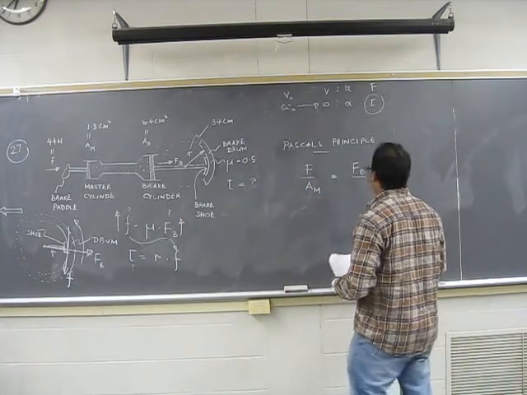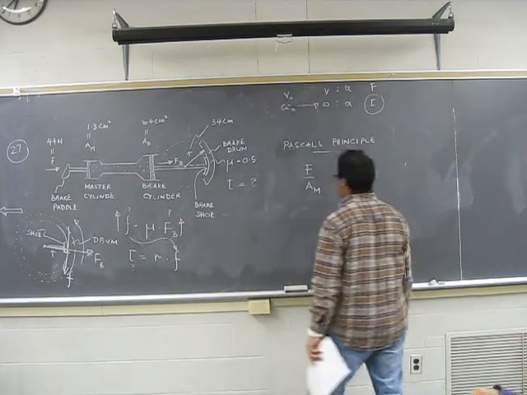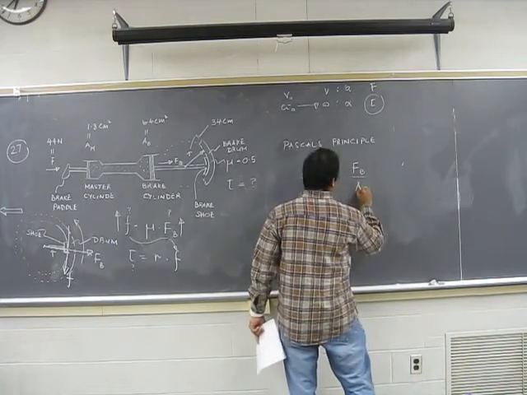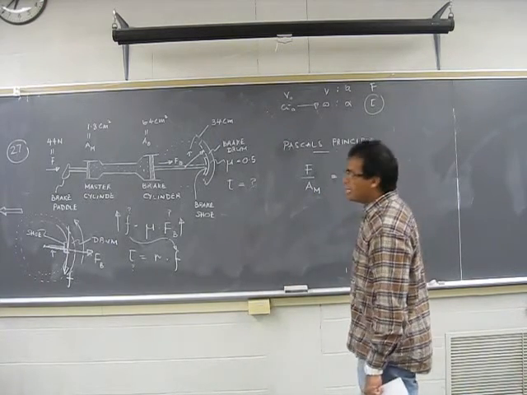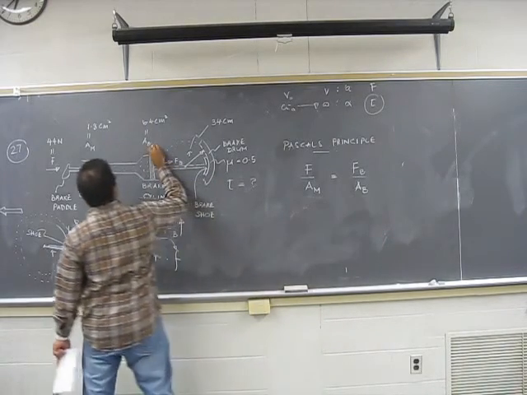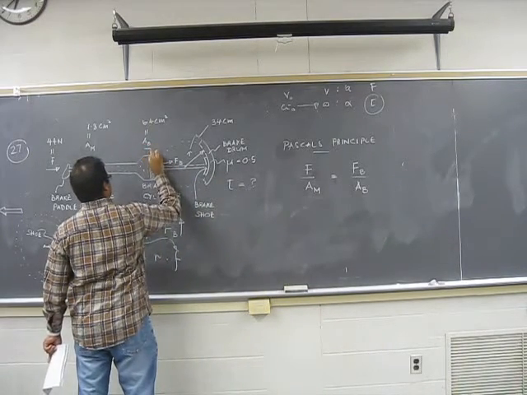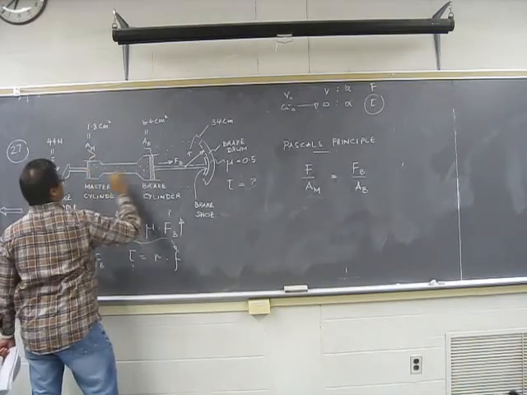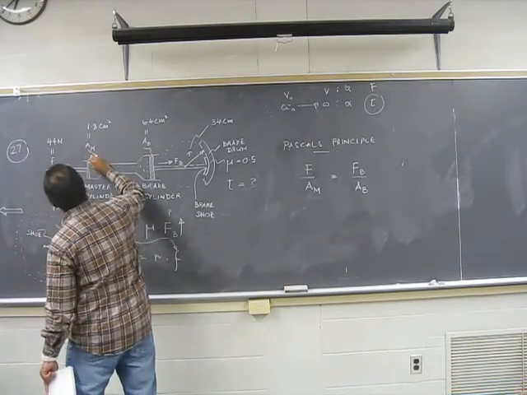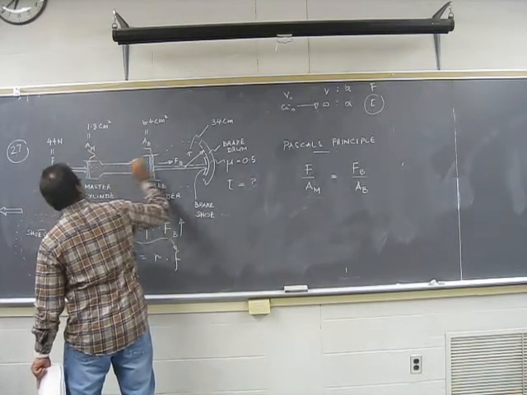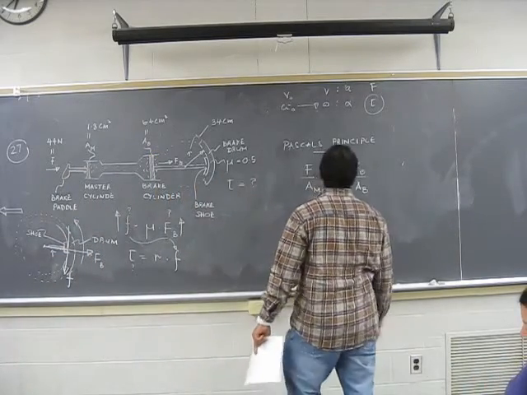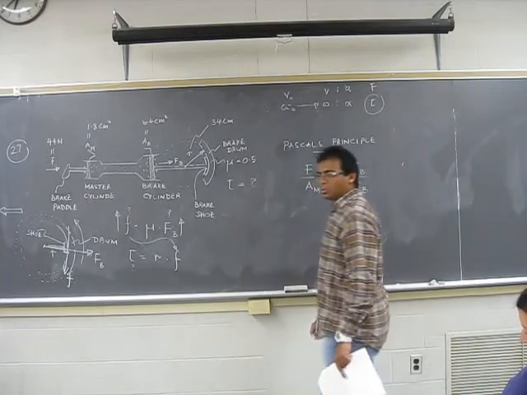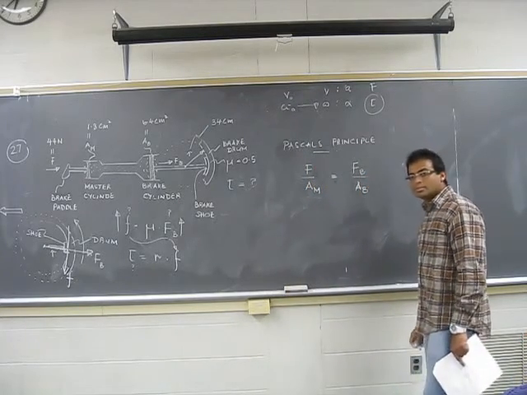Okay? So now let's see how we get this. On this side, we have an area of AB for the area of the piston. Okay? So these are two pistons. So now, what is our unknown? FB.